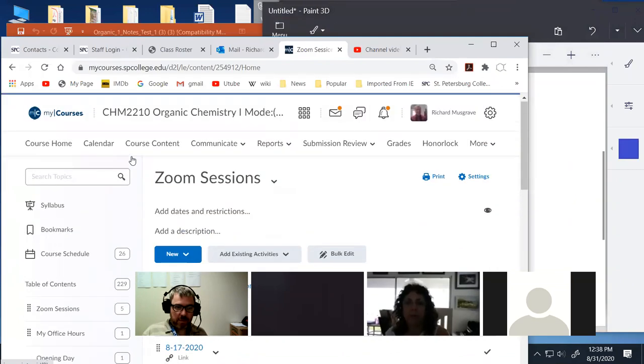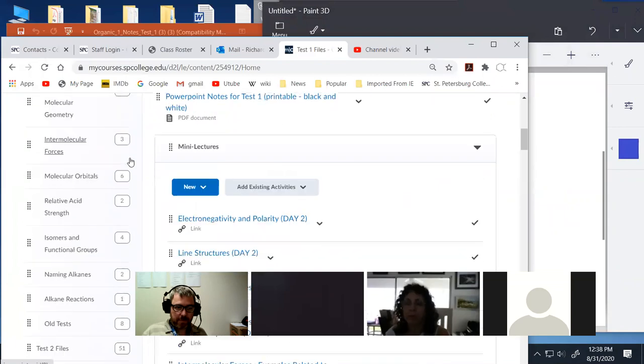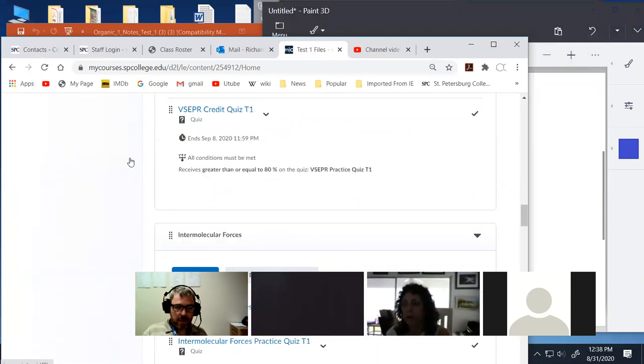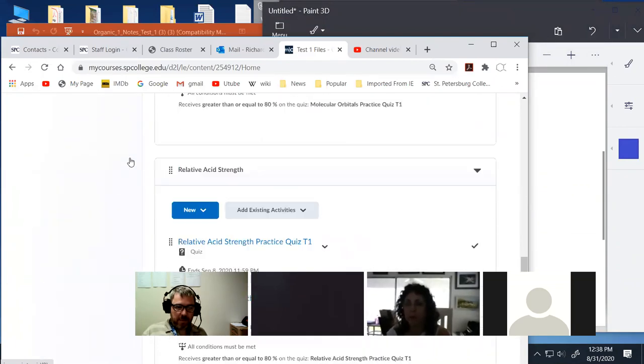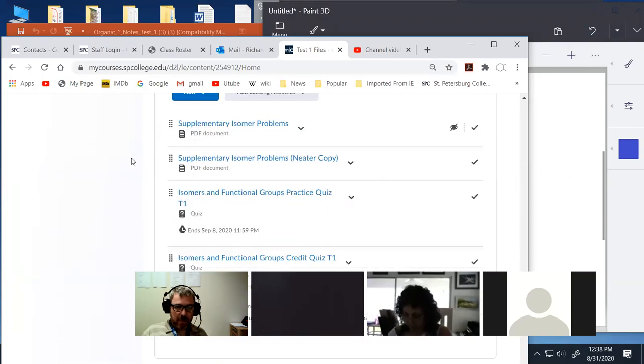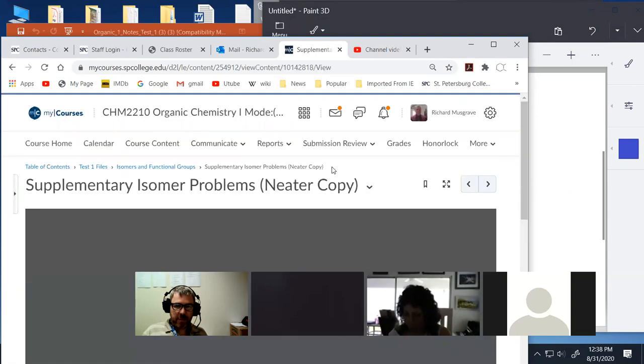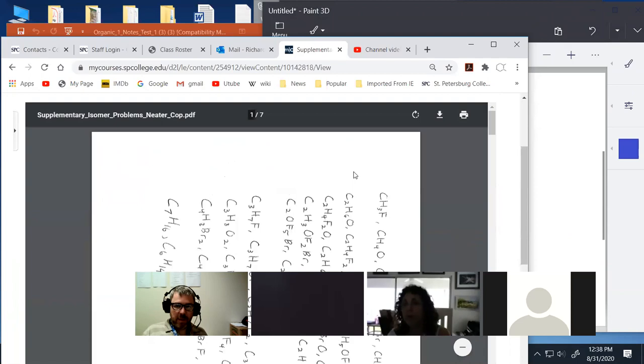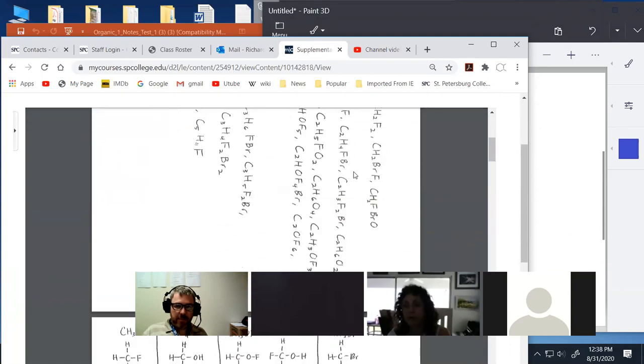Yes, am I on the right one? Yes, I am, okay. So in the Isomers folder, this is what I want you to look at, supplementary isomer problems. And here they all are here.